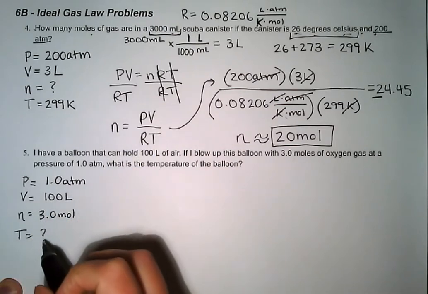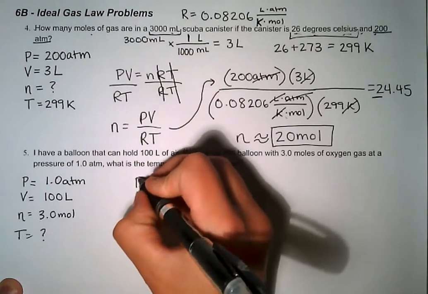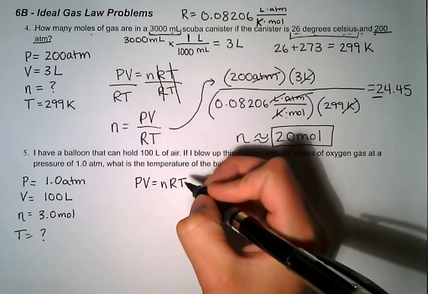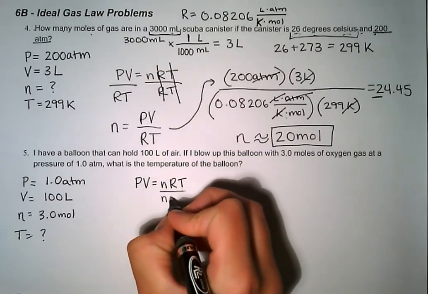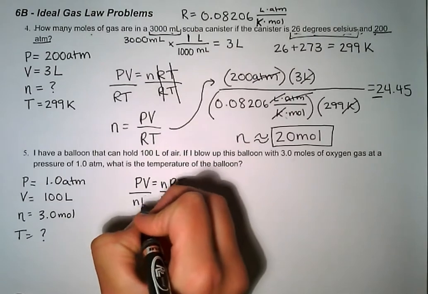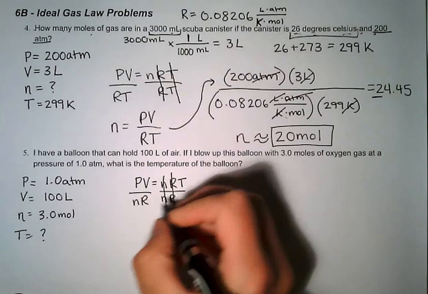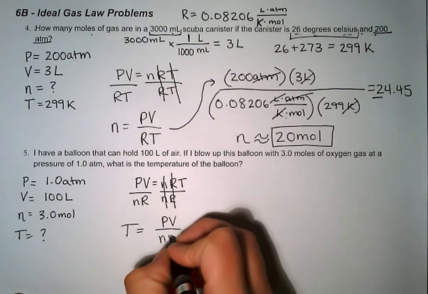So all we need to do is solve for temperature. Everything is in the correct units. So PV equals nRT. And we can rearrange this equation to solve for T by dividing by n and R on both sides. n cancels out, R cancels out, so we end up with T equals PV over nR.